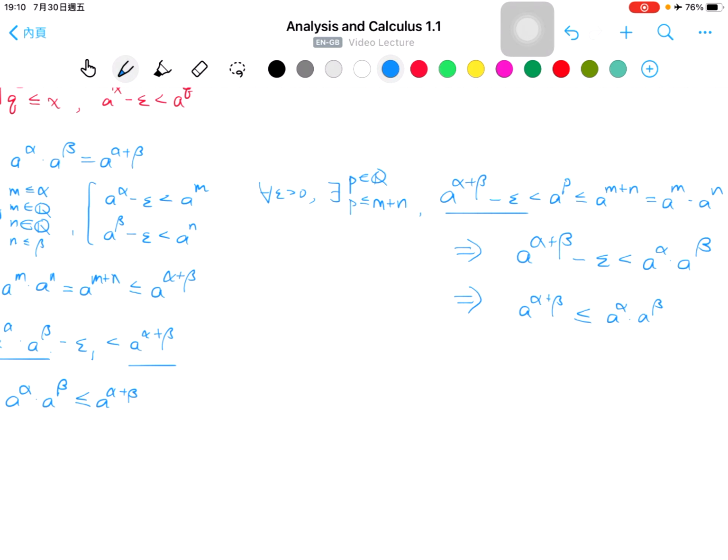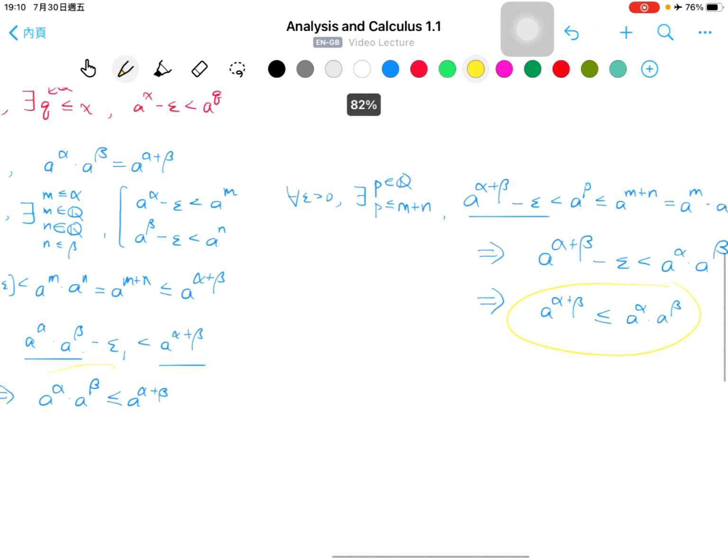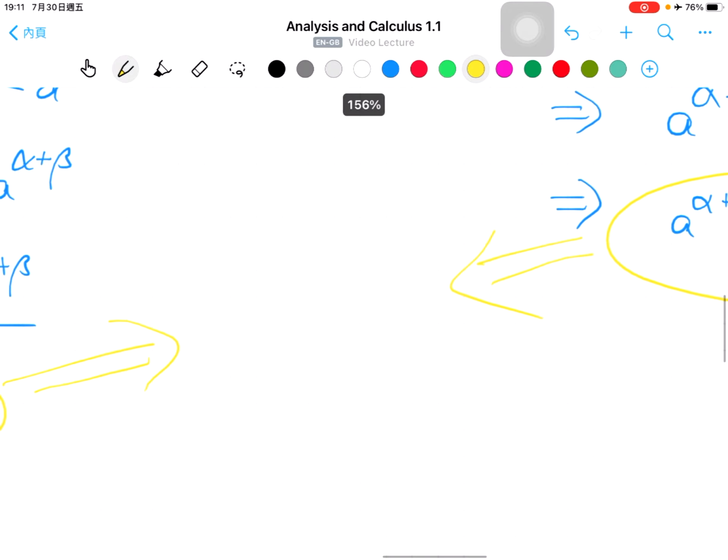Hey, look, we got this and we got this. Meaning the left-hand side and right-hand side are reversible without needing to change the sign. From these two we can get that a to the alpha plus beta is equal to a to the alpha times a to the beta.